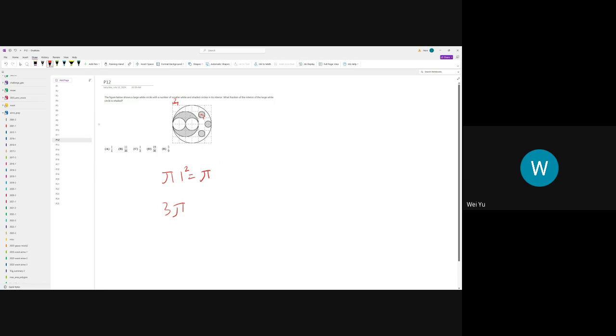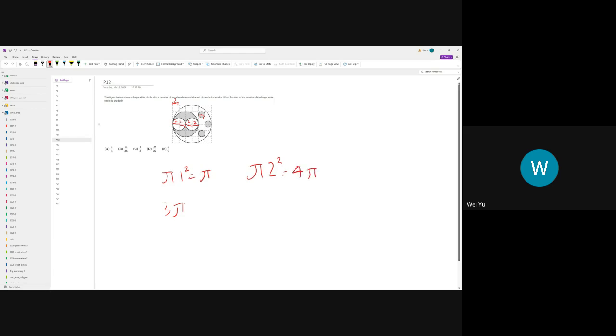Now we have to add these two parts. So we just have to calculate the area of the big circle minus these two small circles. So 2, 2, 2, 2. So the area of each of the small circles is pi 2 squared equals 4 pi.